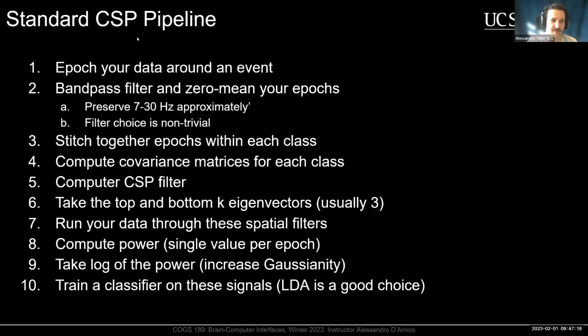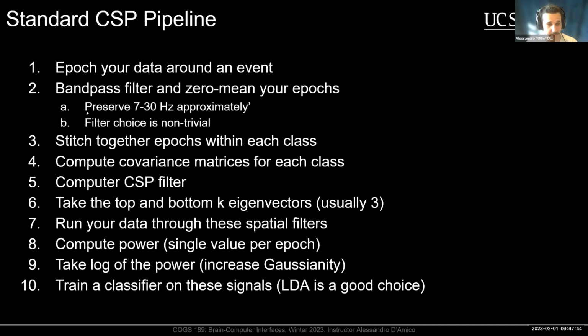But either way, once we think we have the start of an event, we would epoch, or we're always working with epochs. We would then bandpass filter and zero mean our data. Typically, this is going to be a filter between 7 and 30 hertz, but that's not necessarily always going to be true per individual. And the choice of bandpass filter is actually going to have a big effect on the performance of CSP.